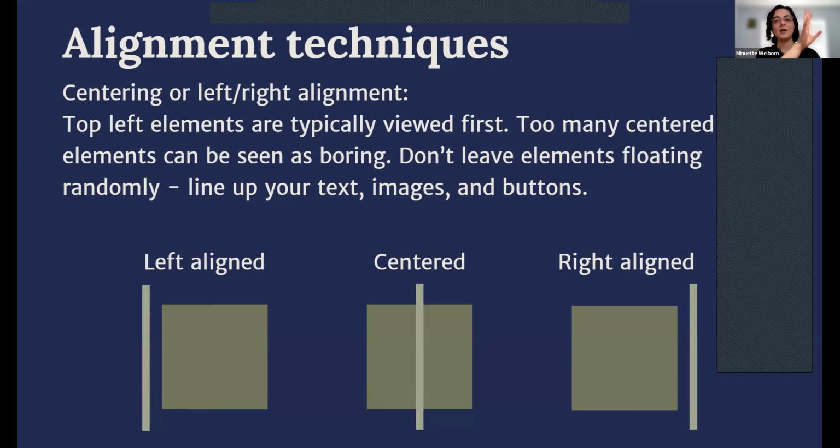We don't want something way over here, just randomly. We actually want to make sure that things are lined up as much as possible. So if you have a big stretch of an element to the left, you want to make sure that maybe your text is lined up at the top or at the bottom. You just want to make sure that things are lined up to where it's making sense and not coming across as unintentional alignment.